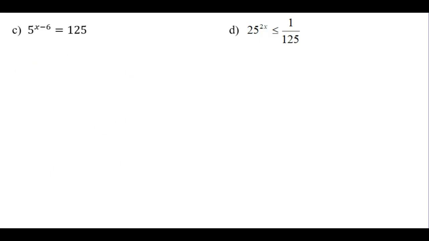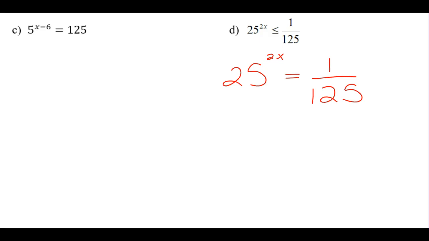Okay, last one, letter D. And just to not stress you out too much, let's go ahead and make this an equal sign. Let's just rewrite it as an equal sign. Now, we can't get the bases to match if something's on the bottom of a fraction and something is not.